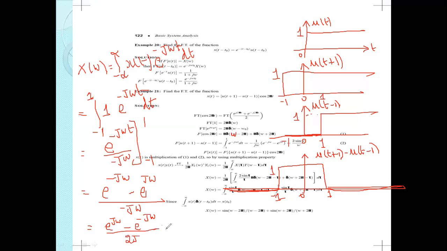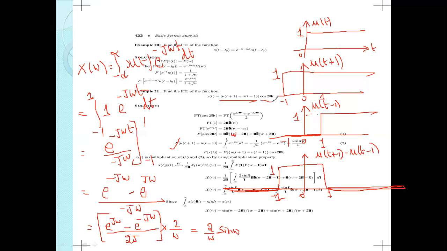I am taking 2j here and multiplying with 2. Already the omega is there. So what is this function? E power jx minus e power minus jx by 2j is a sine function. So 2 by omega into sine omega. You see here, 2 sine omega by omega is the Fourier transformation of only this function.